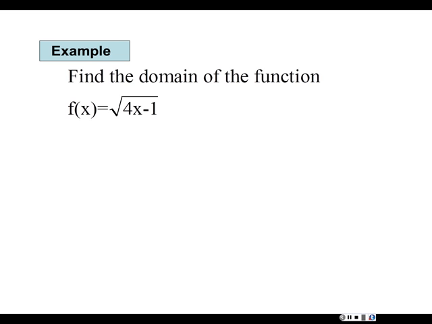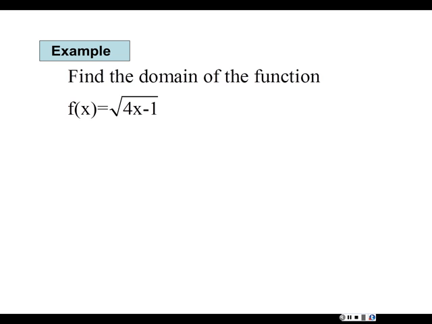So what it tells you is, you take every point starting from 1 over 4 to positive infinity, including that point. So your domain will be this: 1 over 4, comma, positive infinity.